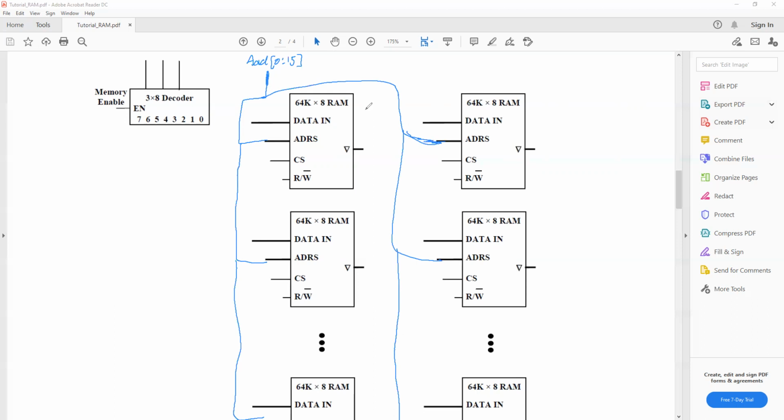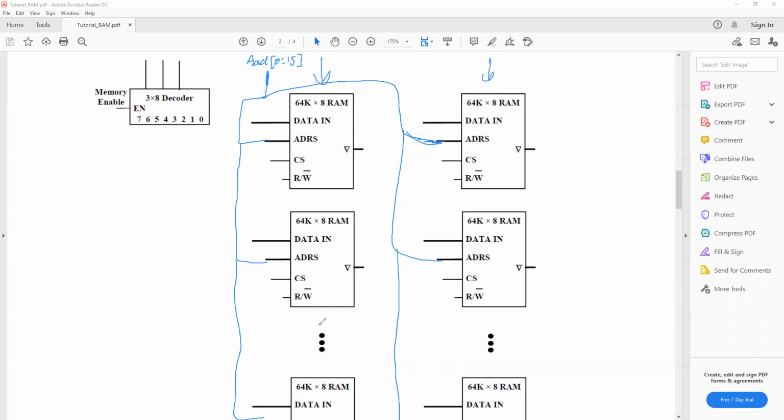Okay, how many do you need? You're building 512K from 64K. That means you need 8, since 8 times 64 is equal to 512. So you need 8 chips. Wait, no, not 8, you need 16. Why? You need 8 in each row. So this will give you 512K by 8, and this will give you 512K by 8.